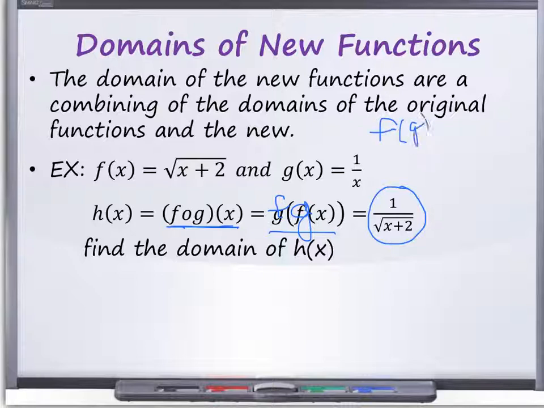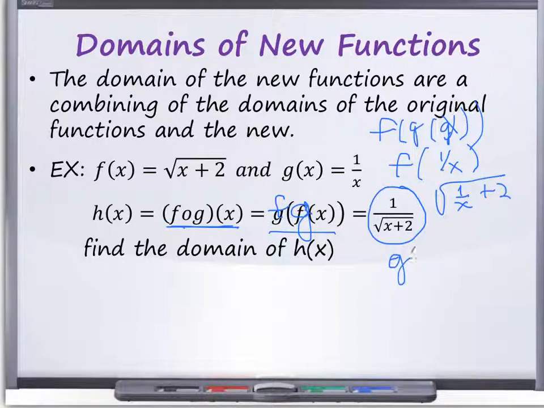f of g of x. Sorry, there's supposed to be an x. f of g of x is going to be f of 1 over x. f of 1 over x is the square root of 1 over x plus 2.